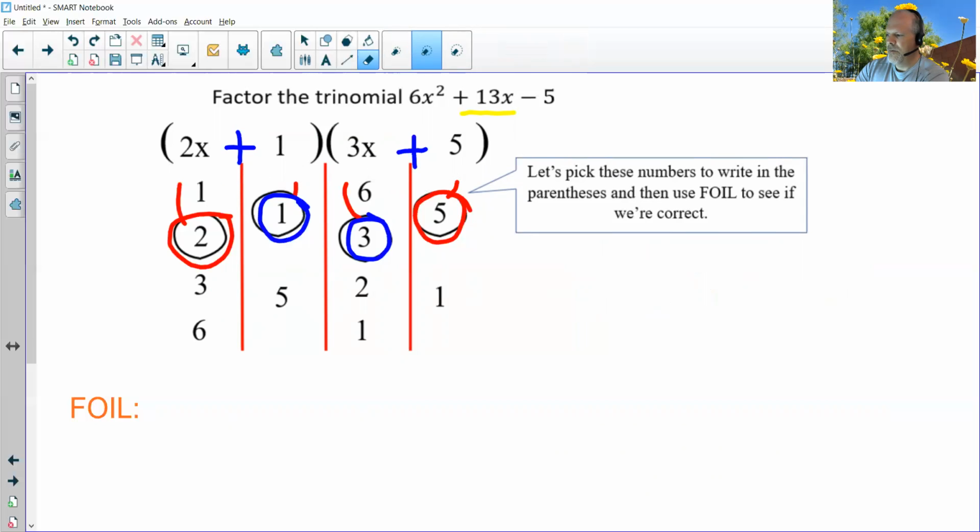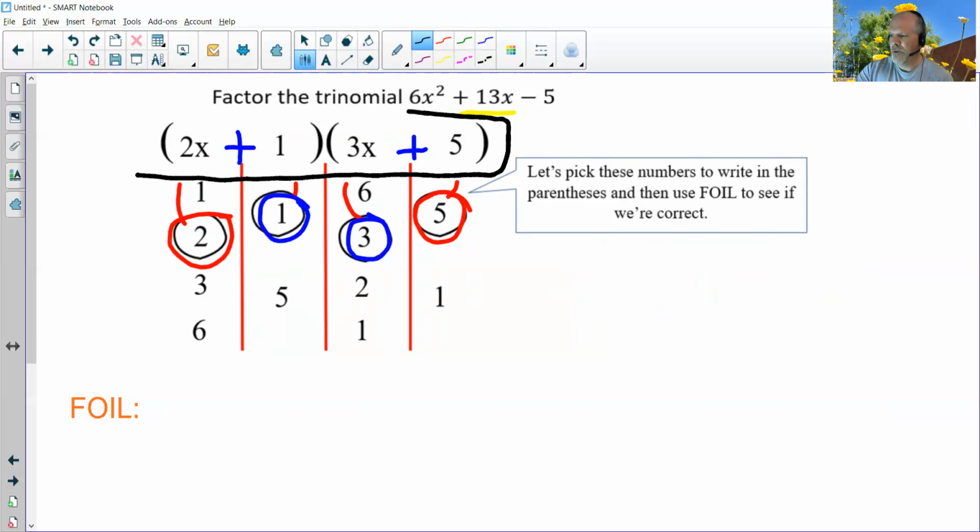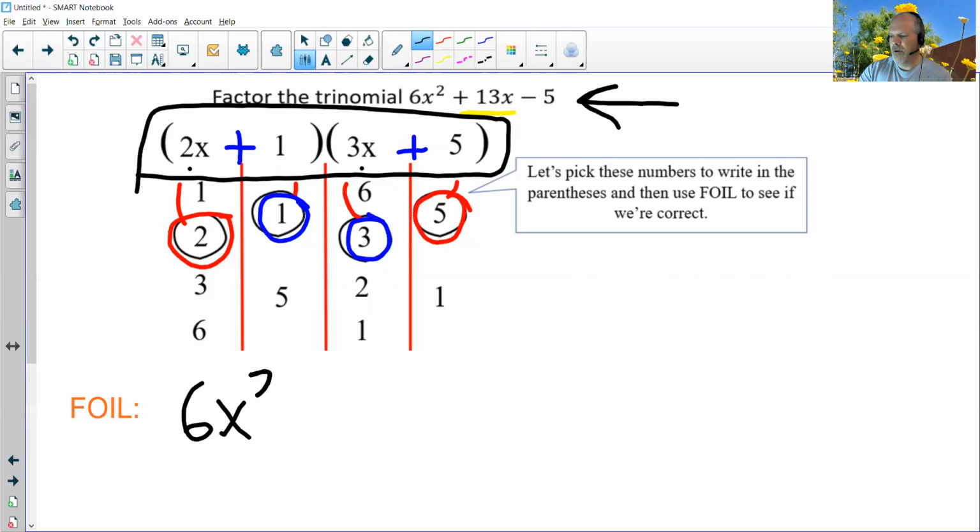So what I want to do is actually multiply this out. So we're going to FOIL it. We're going to take these two binomials and multiply them together. And we should get our original trinomial. So let's try it. First times first gives me 6x squared. Outside times outside gives me plus 10x.